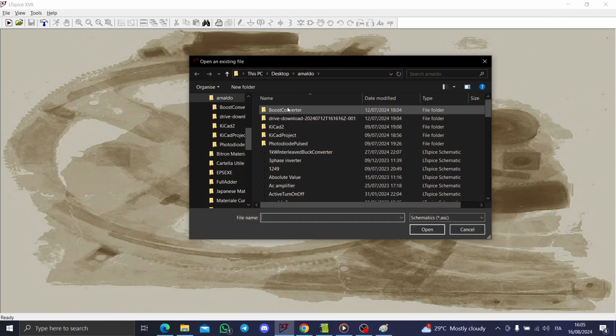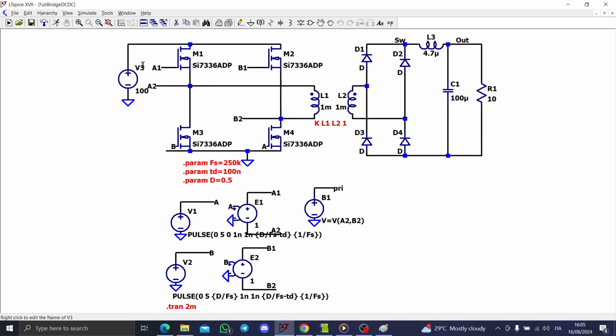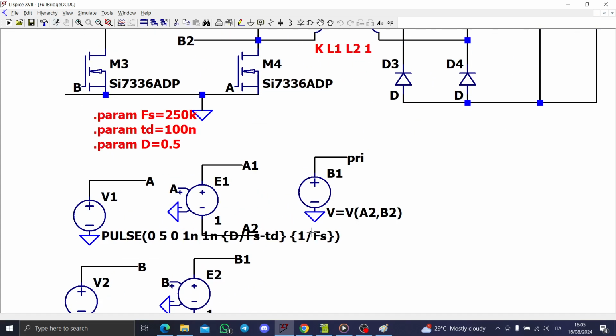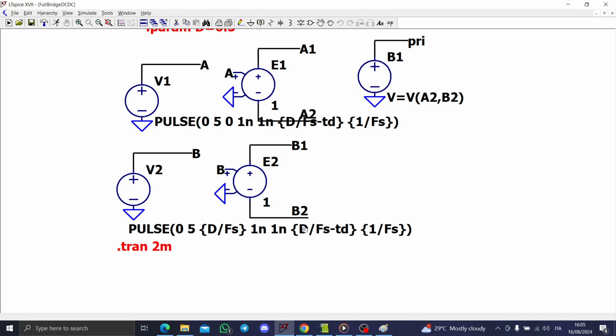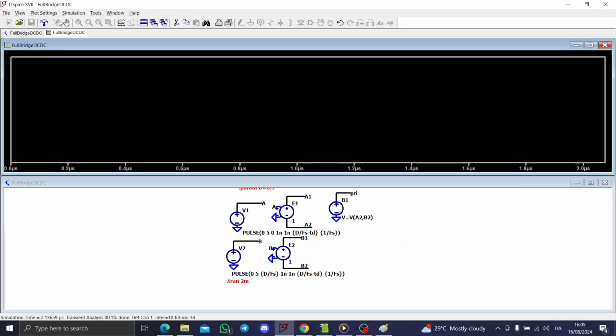In my LTspice, I showed you how to do it. I will just comment what I did here.